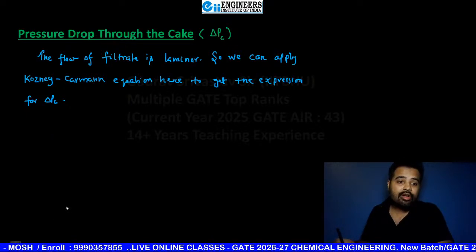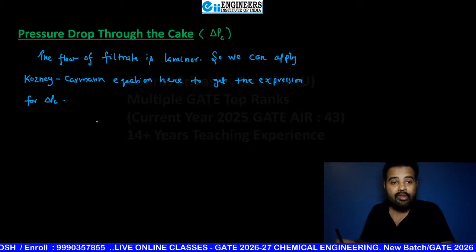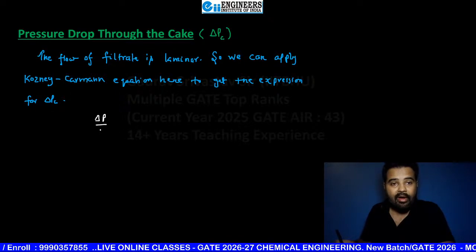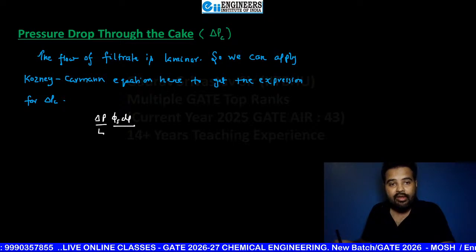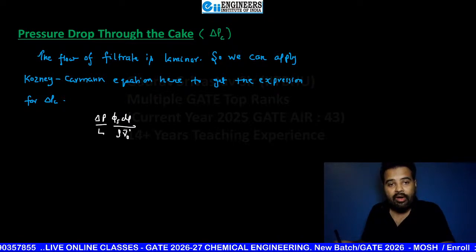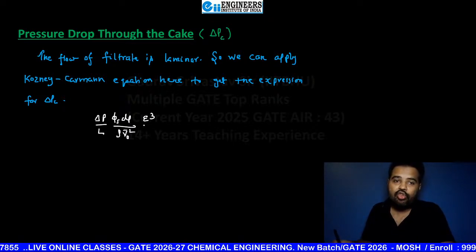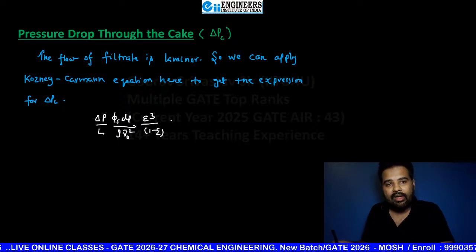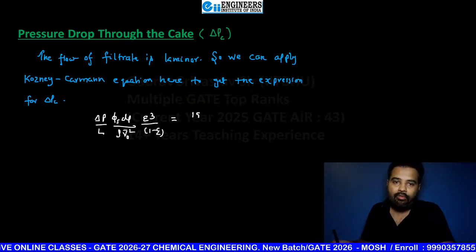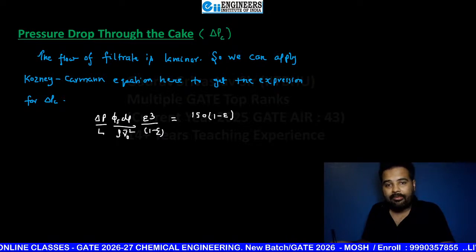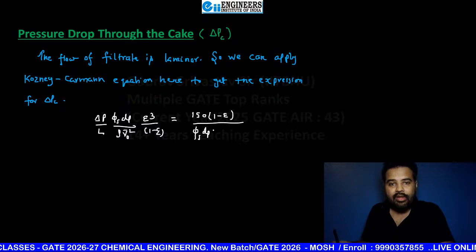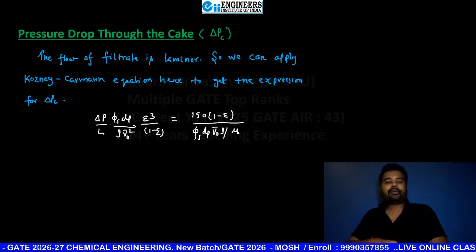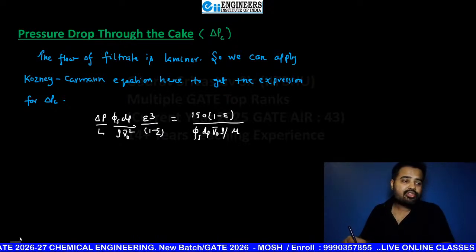So what was the Kozeny-Carman equation? Do you remember? It was delta P by L equals 150 times (1 minus epsilon) whole upon phi S dP, times rho V naught bar square epsilon cube upon 1 minus epsilon, with mu V naught bar over rho. Just take the first term and solve this.